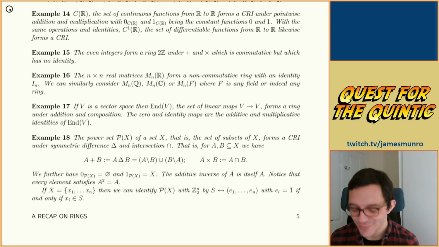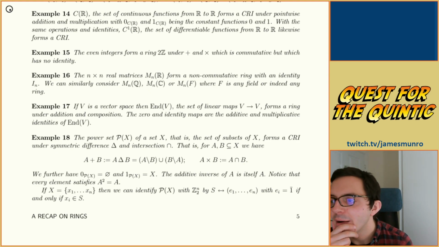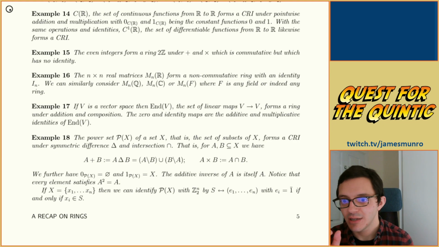The even integers form a ring under addition and multiplication, because when you add two even numbers together, you get an even number, and when you multiply them, you get an even number, so it's closed. I guess associative because it's just numbers. It's commutative, yeah, sure. Has no identity. There's nothing you can add to 2. No multiplicative identity.